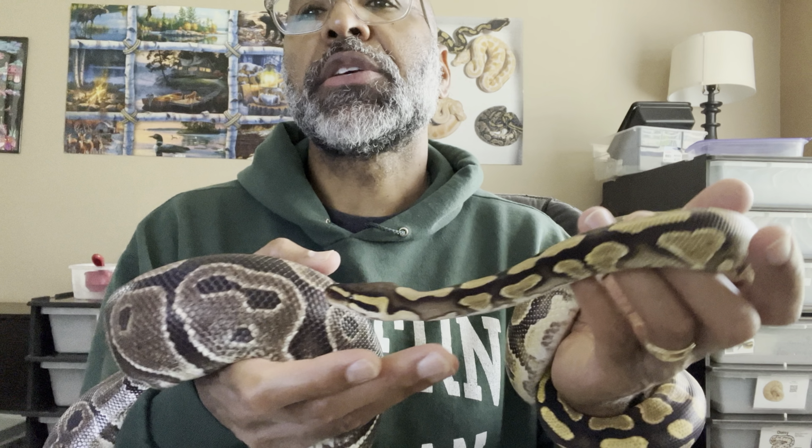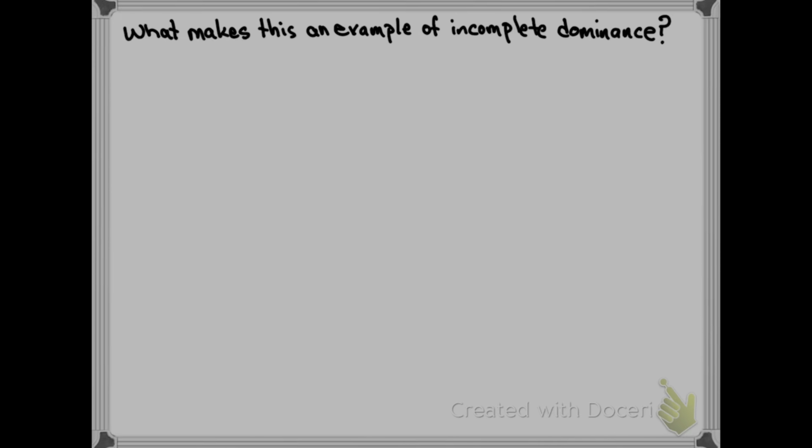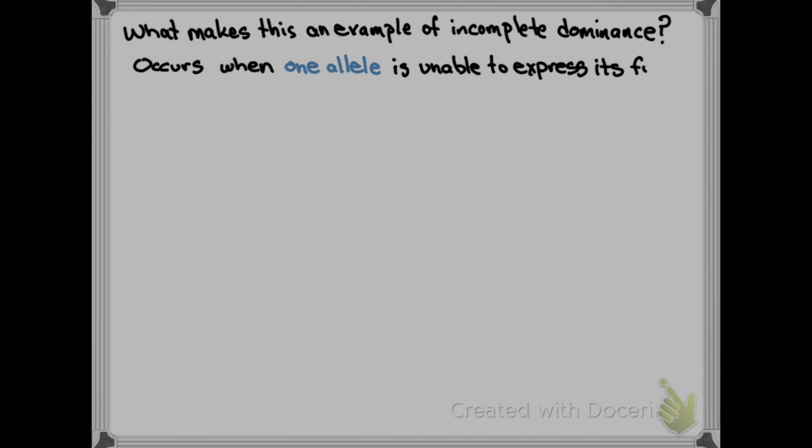Now, what makes an incomplete dominant trait an incomplete dominant trait? To answer this question, let's recall our definition of incomplete dominance. Recall that incomplete dominance occurs when one allele is unable to express its full phenotype in a heterozygous individual.